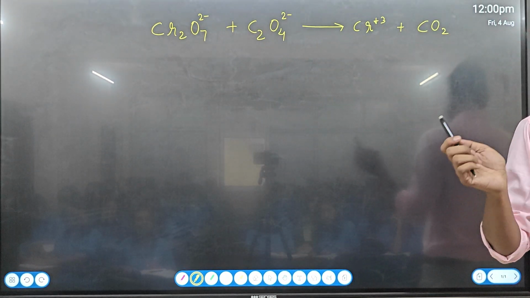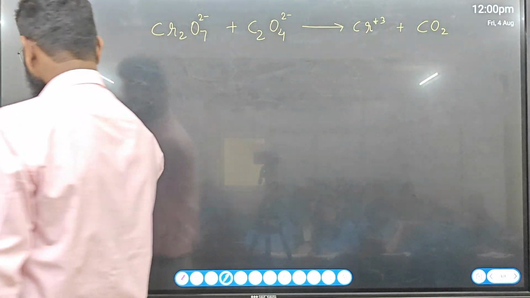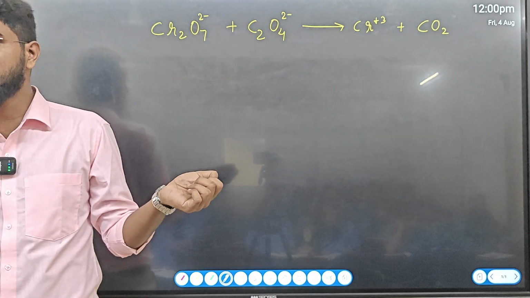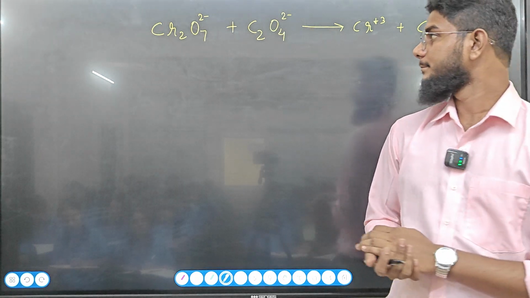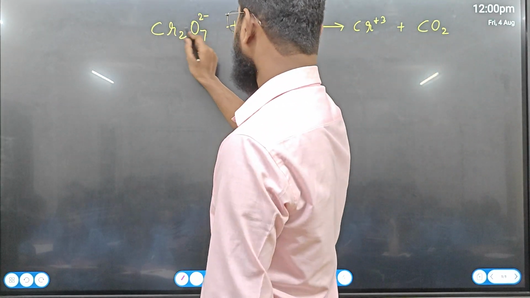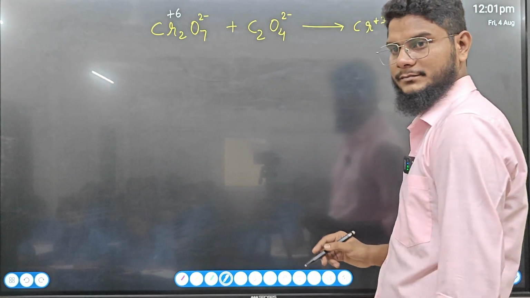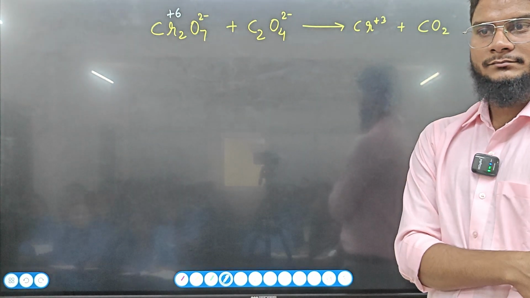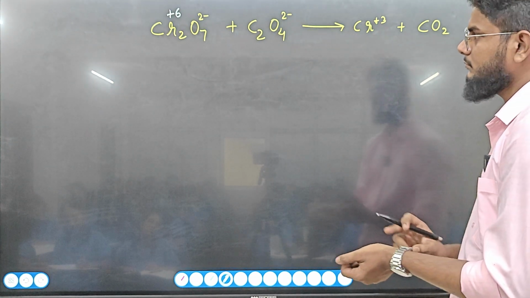Balance this. First of all, you have to find the oxidation state. Oxidation state of chromium here is plus 6. Here, oxidation state of carbon? Tell me. Find it.